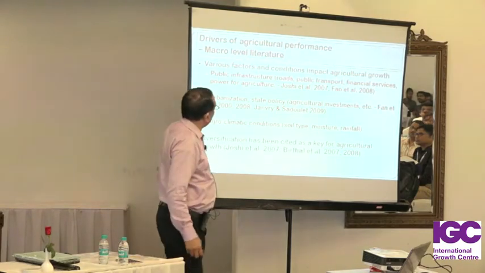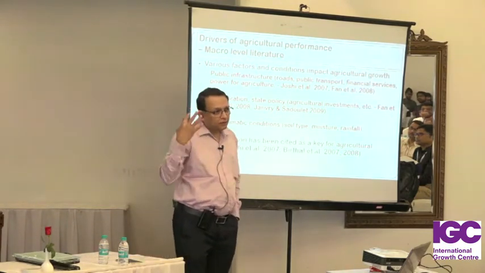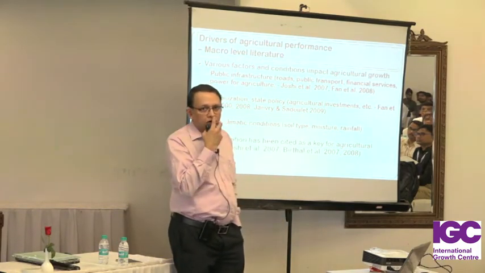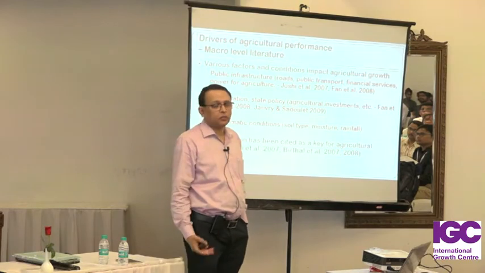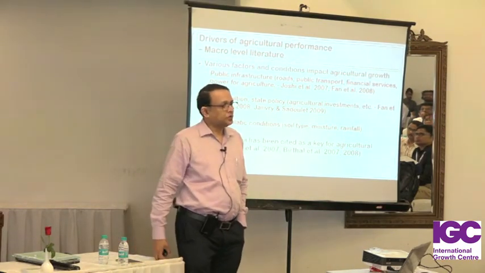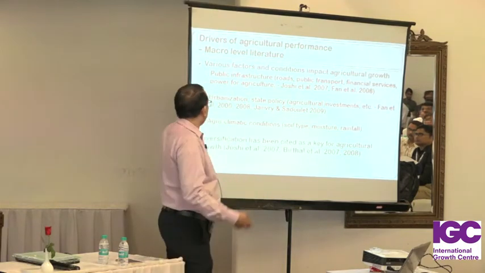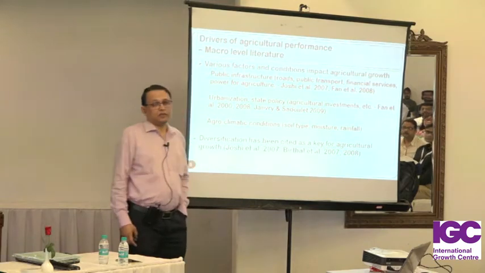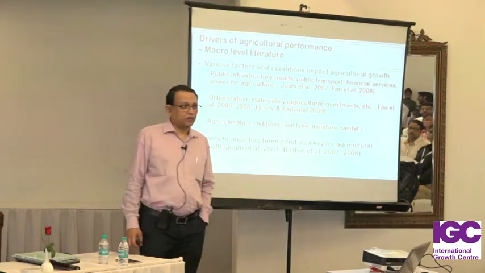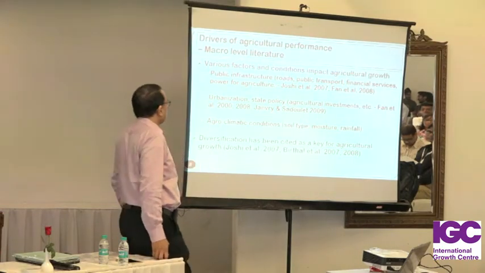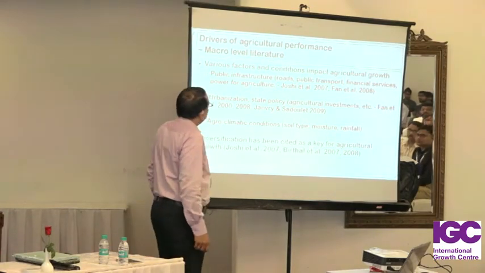So what is the sum total of, I mean, people have written a huge number of papers. There are some books also on these issues. What are the findings from these, and what are the causes that people have talked about for these kind of variation across states? Okay.